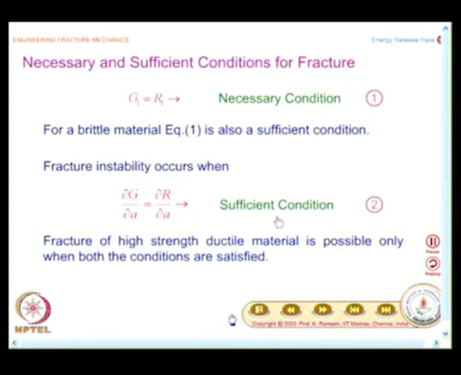So, this specifies the sufficient condition, and we would look at why this is so when we modify the Griffith theory for high strength ductile material. But before we get into this, we would look upon this identity and also try to find out for what class of questions you would be able to get answers. We have really looked at a graphical representation earlier, we will look at that again.